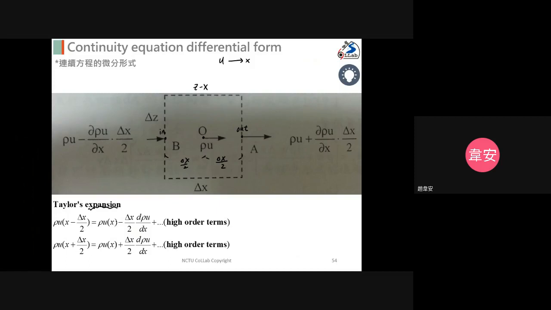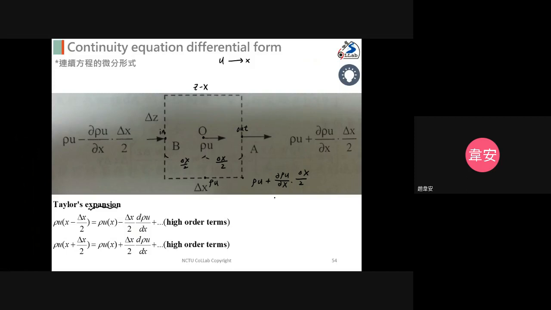The Taylor expansion tells us that if we know the value ρu at the center point, we can predict ρu at the right-hand side point as ρu plus d(ρu)/dx multiplied by Δx over 2.